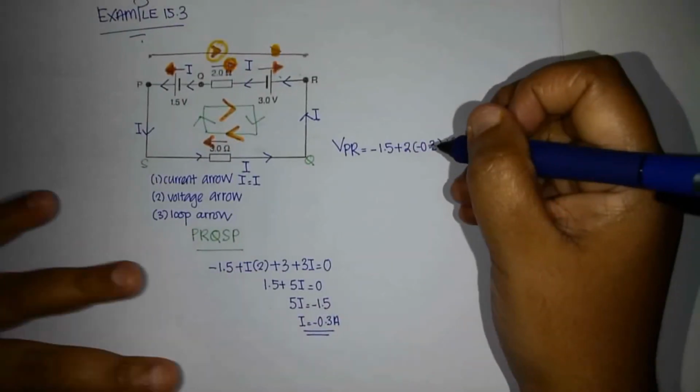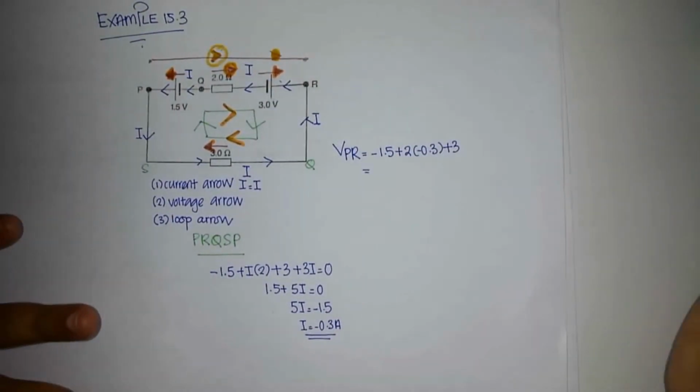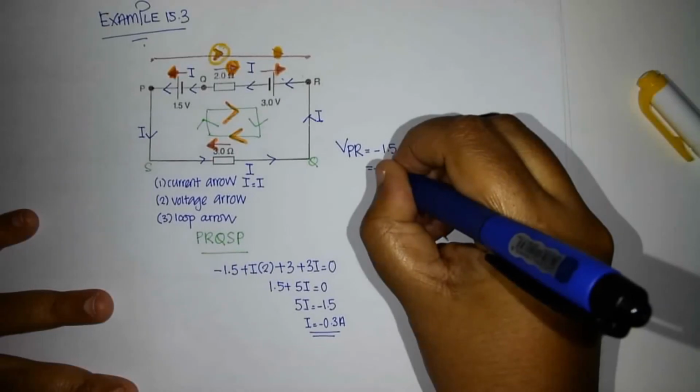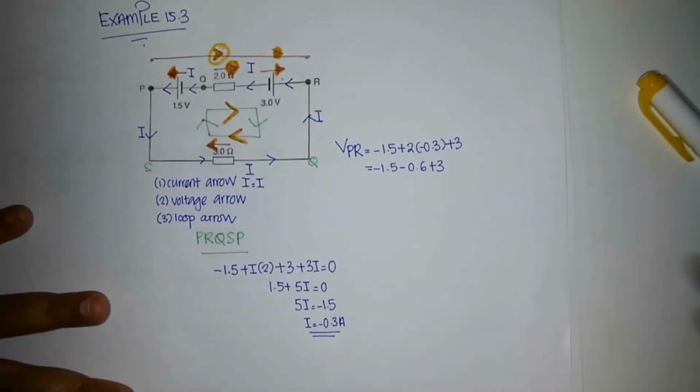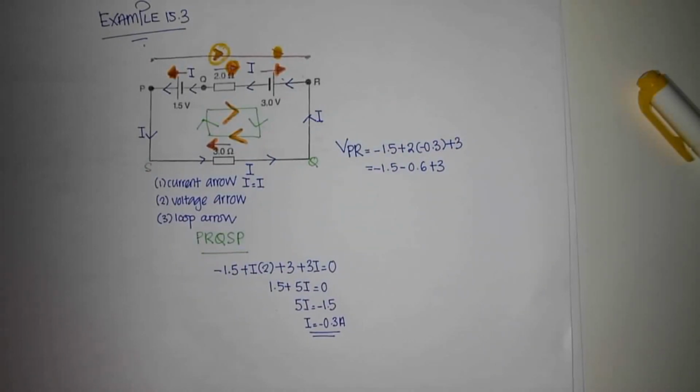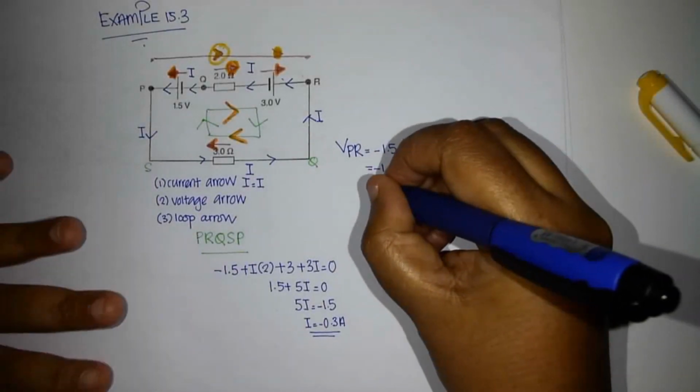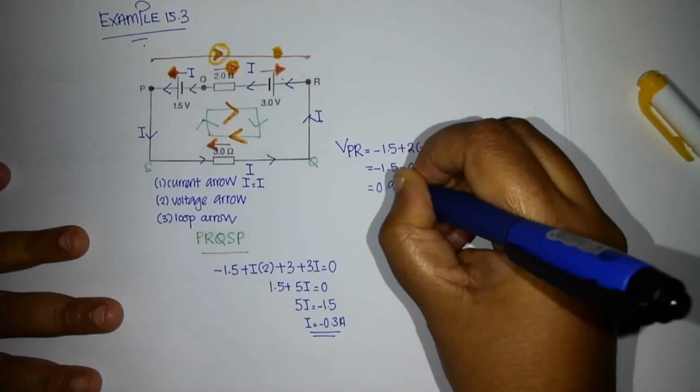So VPR is negative 1.5 minus 0.6 plus 3, and I get 0.9 volt.